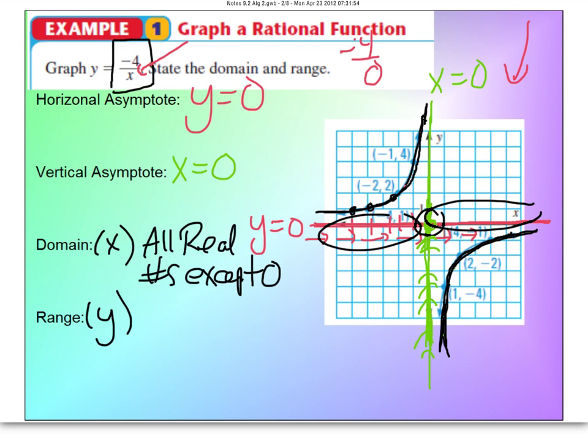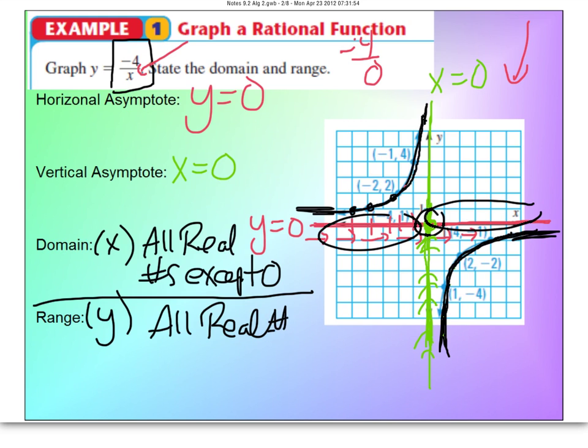They couldn't sketch any graph. What they had to do at this point is lift up their pencil and start redrawing it. So the y activity is the same thing. The range for this is all real numbers, again, except the number 0. That is, y can never equal 0 for an answer on this graph.